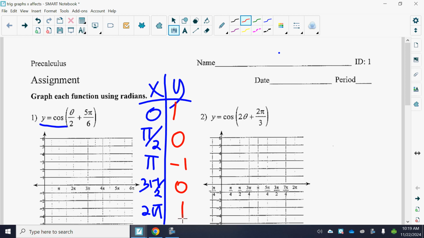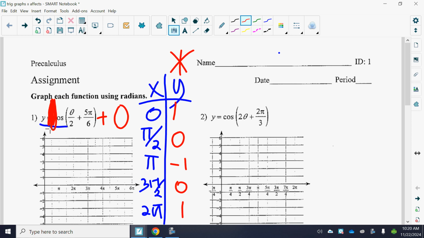Now, what has to happen is the y effects aren't there. We're not multiplying by anything in front, right? And we're not adding anything in the back. If you wish, you can call it a plus 0 and a times 1 if you like to write everything out. But there's no y effect.